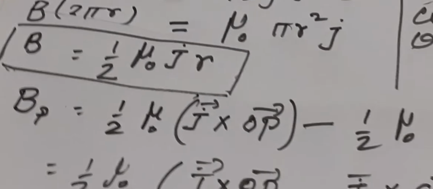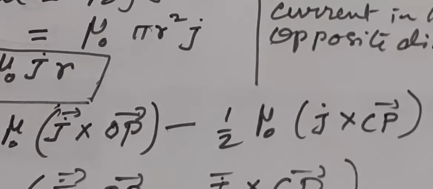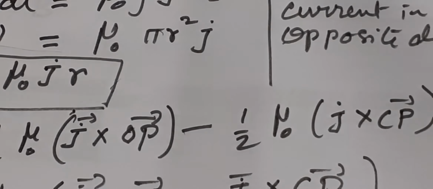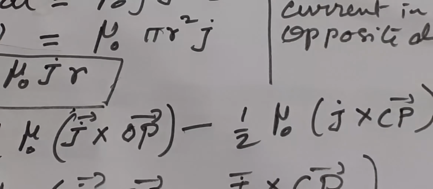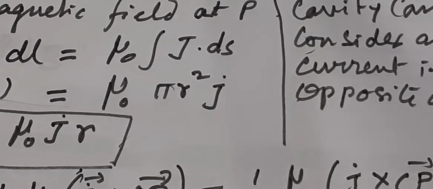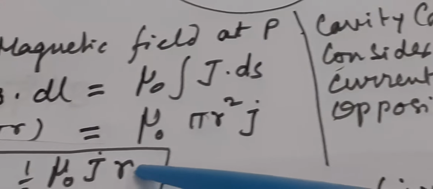Now at position P, what will be the magnetic field when the entire cross section has uniform current density and there is no cavity? It will be half mu naught J cross OP, because the magnetic field is directly proportional to distance, as already seen, directly proportional to radius.